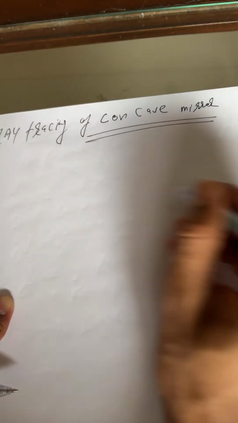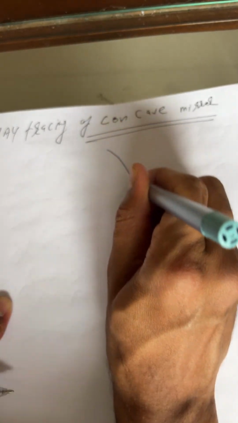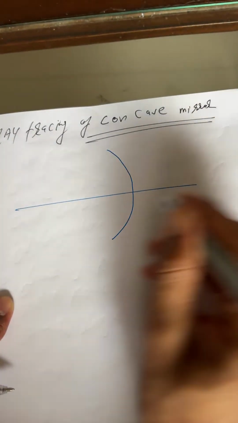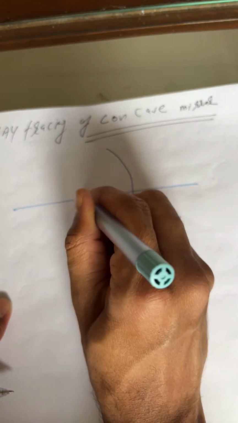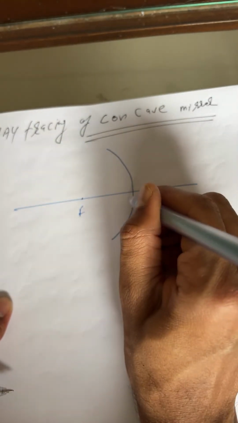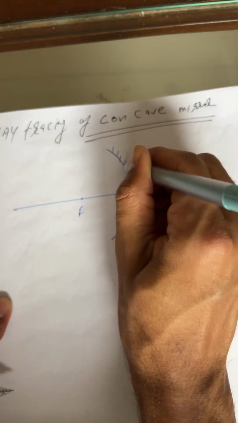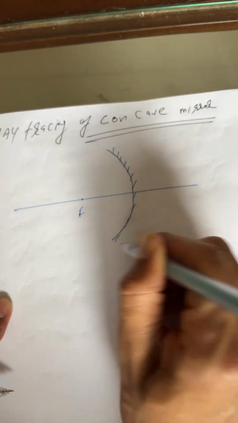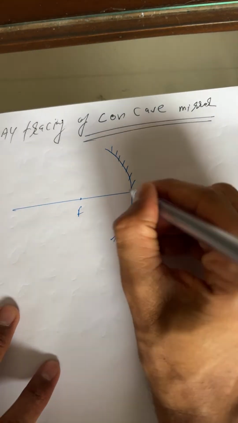So what is case number 5, students? This is the focus, this is the concave mirror, and this is point B.